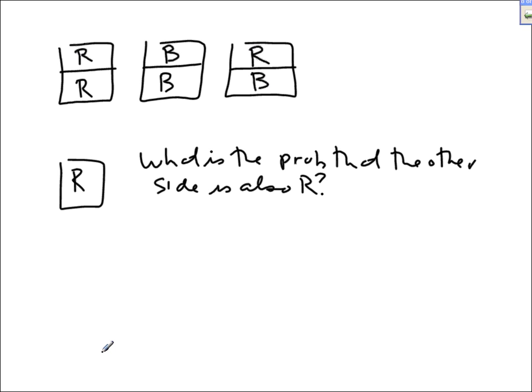Now, most people will say the following. I could not possibly be looking at that card, because how else would I see a red? So either they see this card or they see that card.